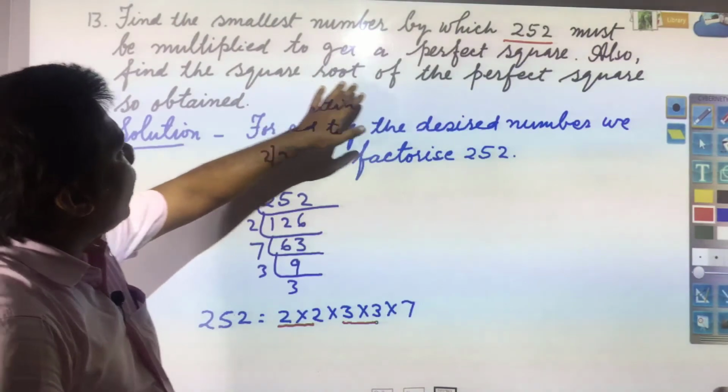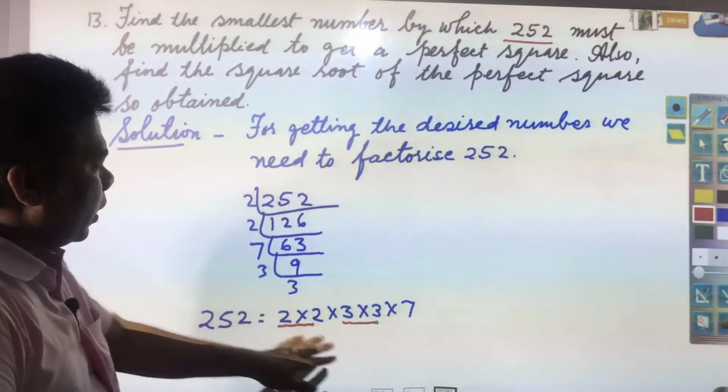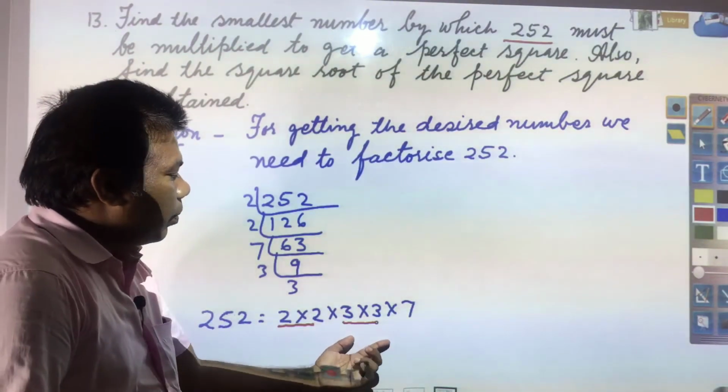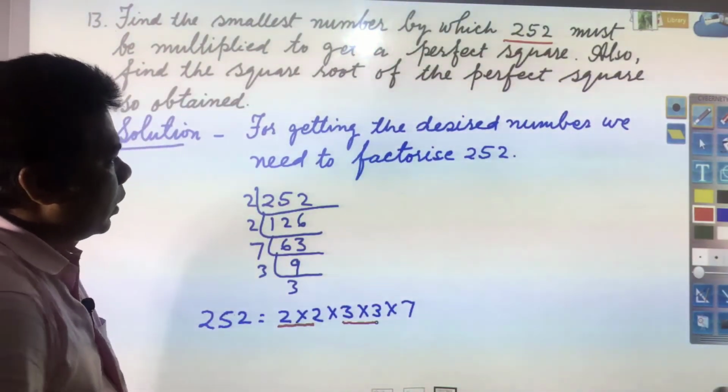Also find the square root of the perfect square so obtained. So, if you are multiplying by 7, what number you will get a perfect square, that you need to find out.